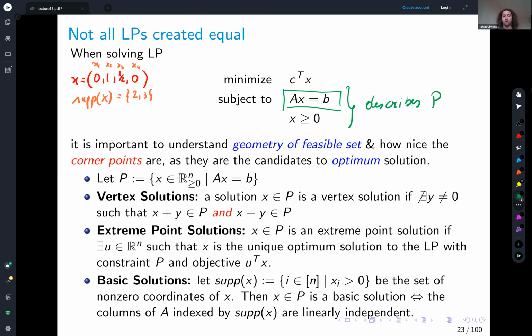Okay, and here's the thing. It turns out that the first two types of solutions, you can see that they're defining the corner points.